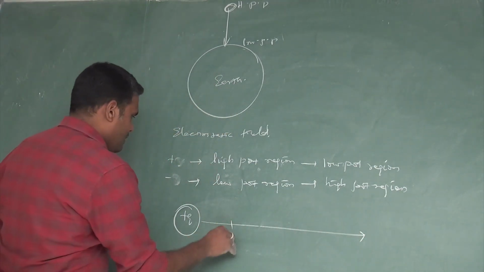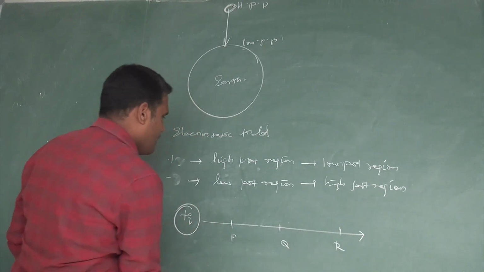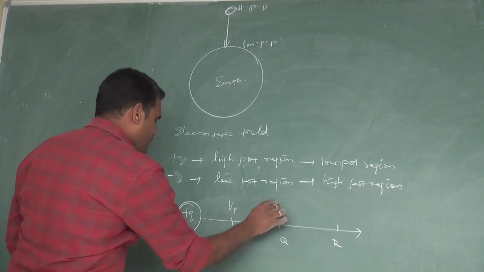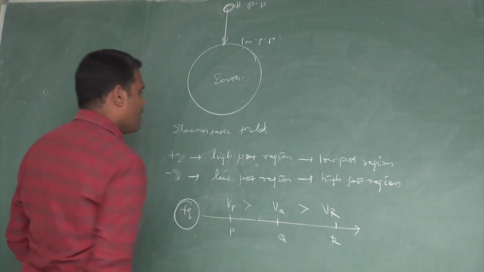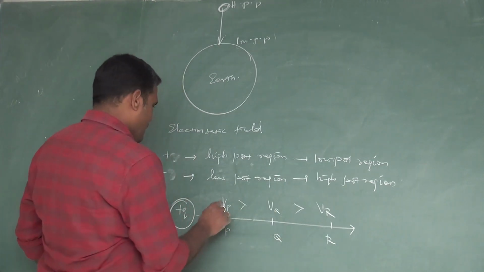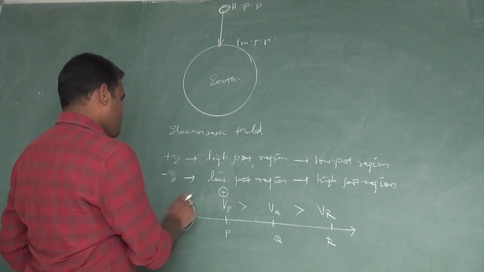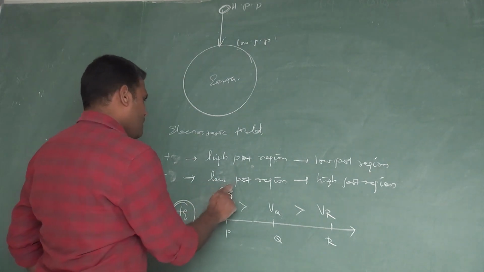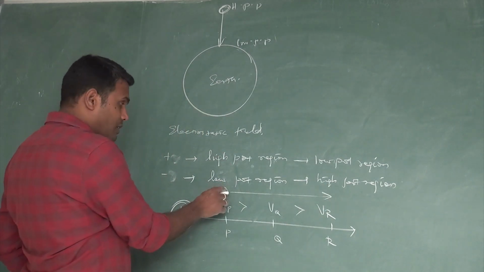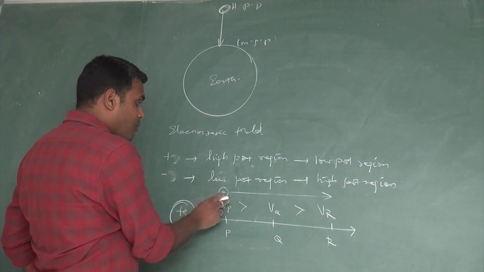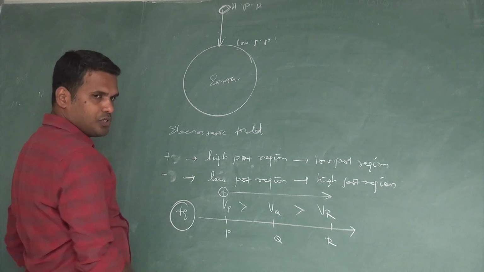As I mentioned earlier, if I consider three different points, let us say P, Q, R, the potential at the point P is greater than potential at the point Q, greater than potential at the point R. So if I place a unit positive charge over here or simply a positive charge here, a plus Q charge will repel this positive charge so that it will move along this direction. So what happens here? A positive charge is moving from high potential region to low potential region in a given electric field due to a source charge.